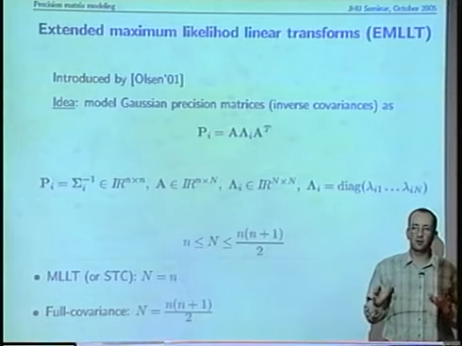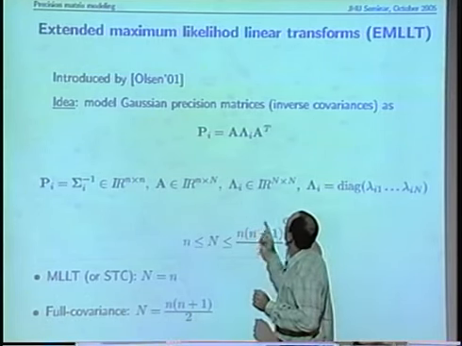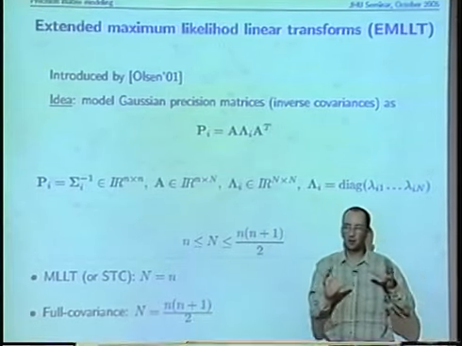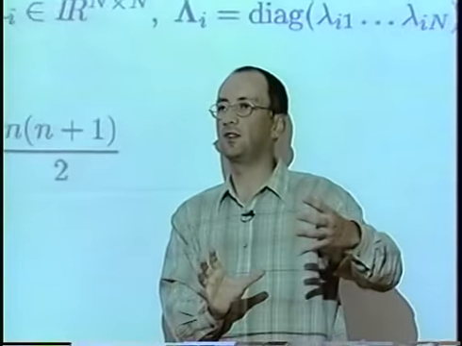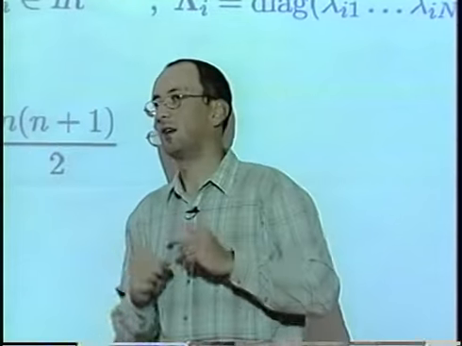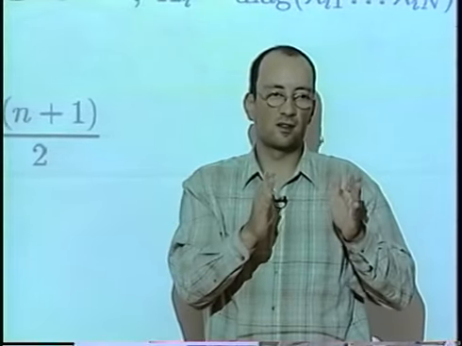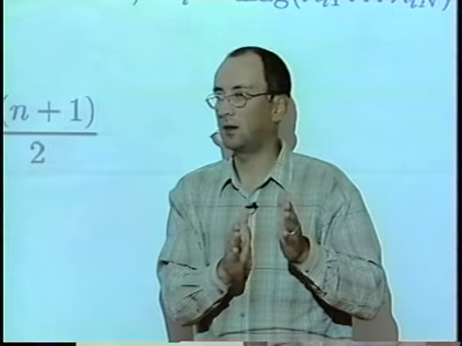Okay, or the other way to look at it is you take some full covariance models in the lower dimensional space, and you apply an immersion of these models into a higher dimensional space, such that in the higher dimensional space you can represent them with diagonal covariance. Okay, that's one way to look at it.